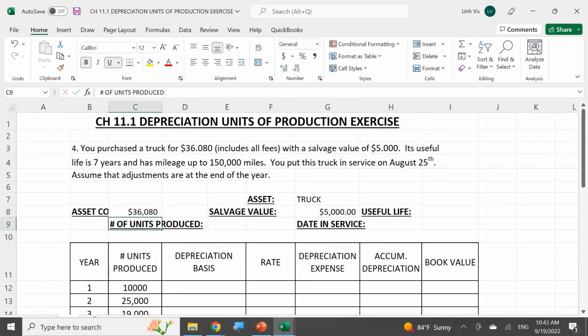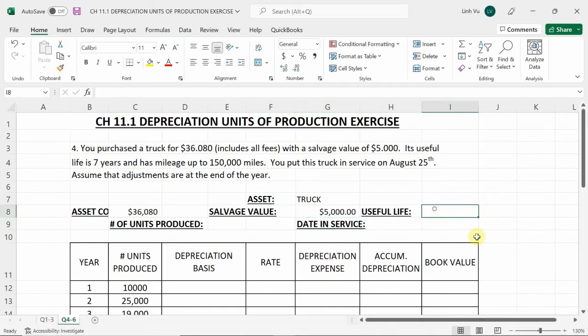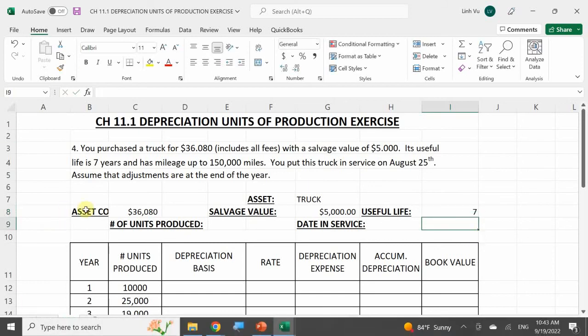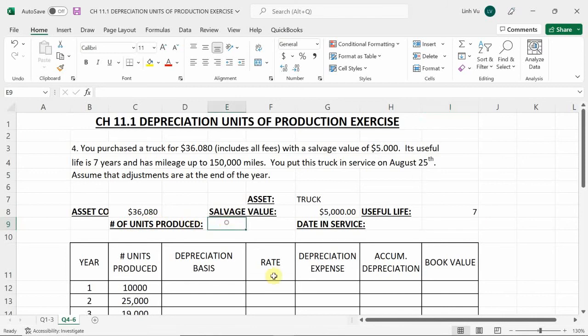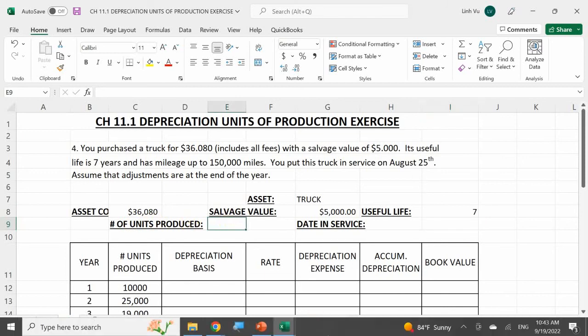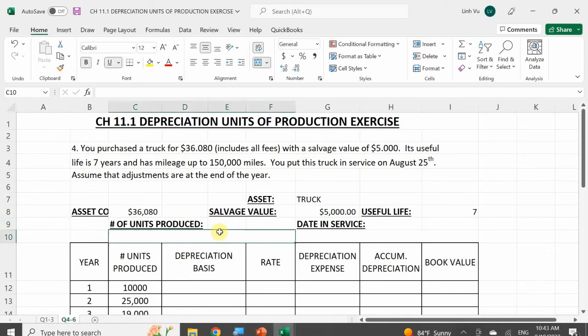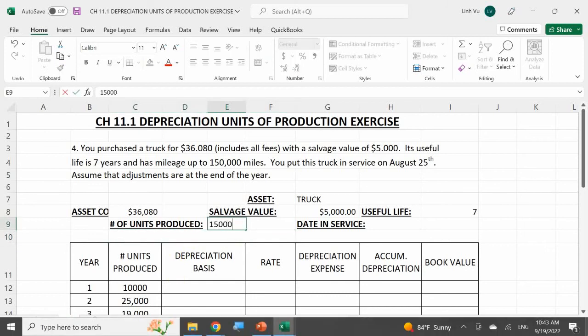And what is my estimated useful life? 7 years. And what is the total number of units that my truck can produce? Up to 150,000 miles. Good.